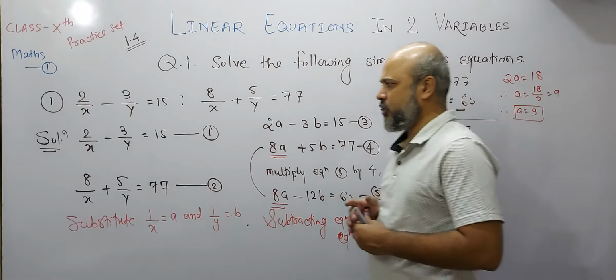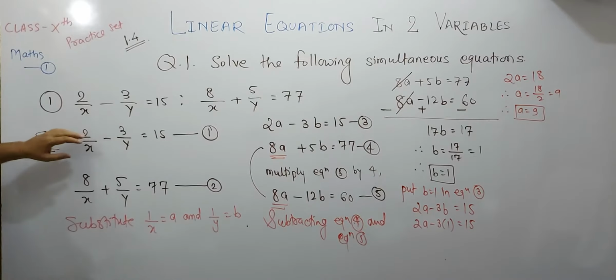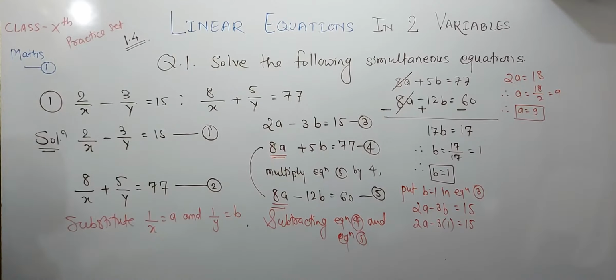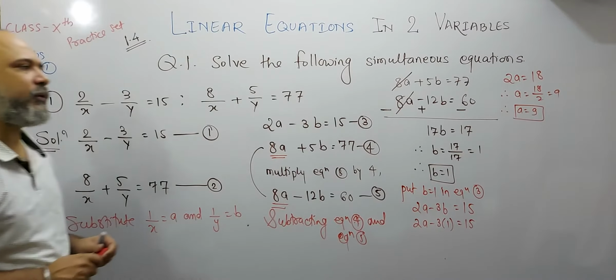This is not our solution, student, because our equation is of the variables x and y. So we are going to resubstitute, because here we substituted 1 upon x is equal to a and 1 upon y is equal to b. Now we are going to resubstitute.